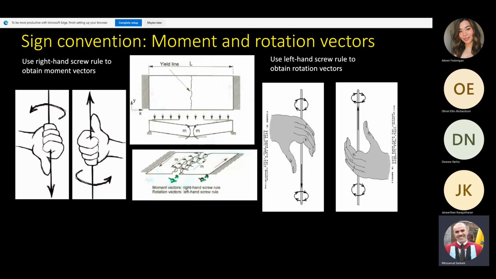A moment of resistance means if your slab is going to rotate in this direction, the moment will try and prevent it. So the moment goes against the rotation. So if the slab rotates in an anti-clockwise way, the moment of resistance is clockwise. See here? This part of the slab rotates clockwise or anti-clockwise?